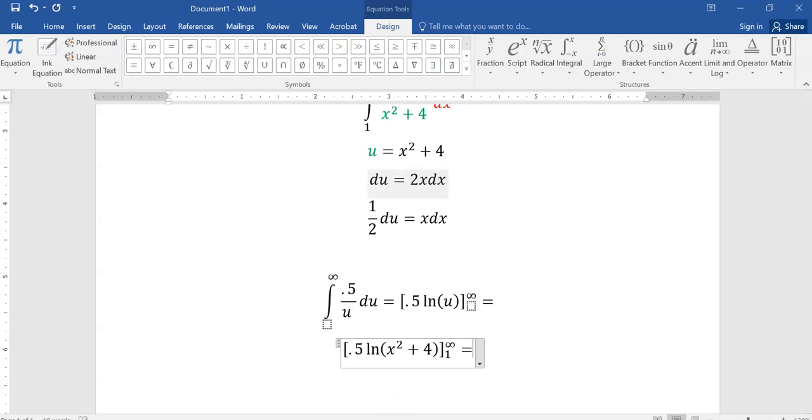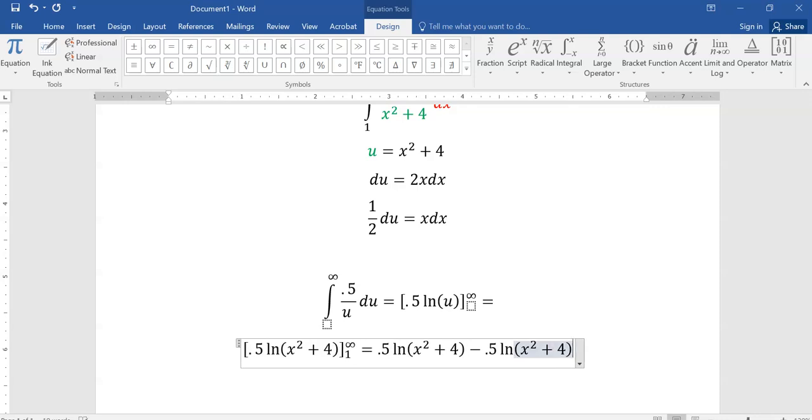And so what you do is you take the limit as x goes to infinity of 0.5 times the natural log of x squared plus 4, minus 0.5 times the natural log of x squared plus 4 when you plug in 1 for x.